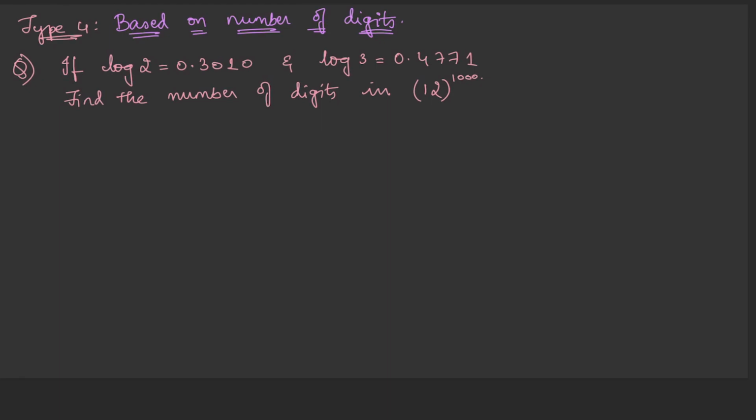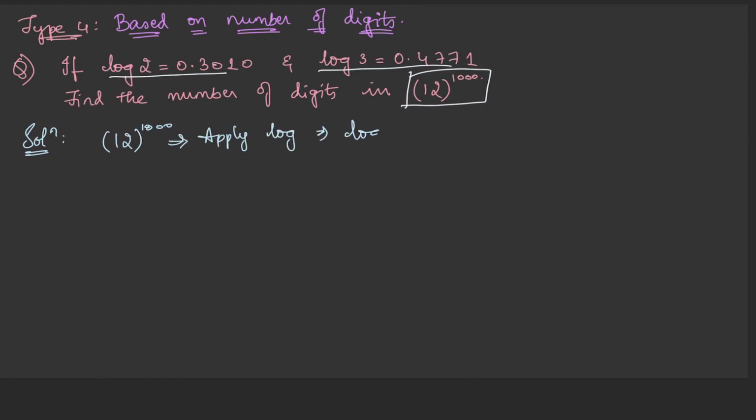Now let's move on to the next question, type 4, which is based on the number of digits. In the question, they gave us the values of log 2 and log 3 and asked us to find how many digits exist in 12 to the power 1000. Take the number 12 power 1000. We apply logarithm to this number, log of 12 power 1000.